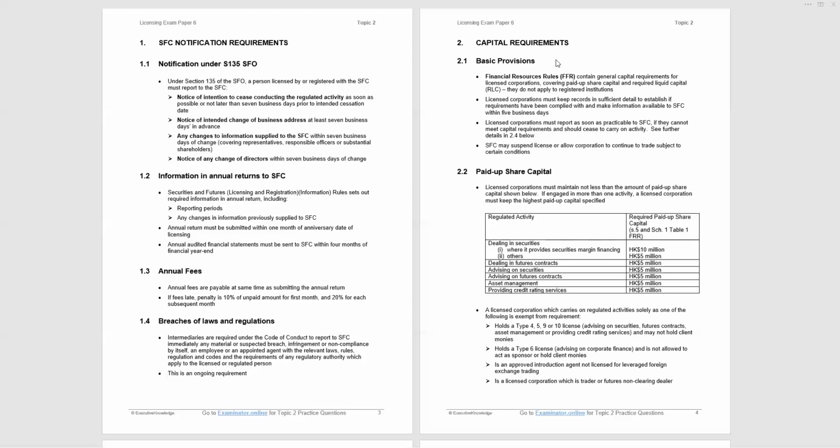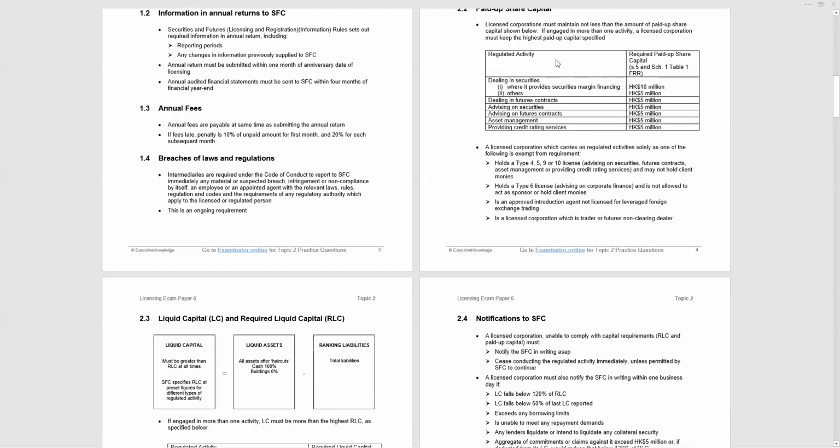Now, there are a number of situations where you're exempt from the requirement, and they're listed in the 4 bullet points at the bottom. But the overriding issue is that if you do not hold client assets, then you do not have the paid up share capital requirement. If you do, then it kicks in.